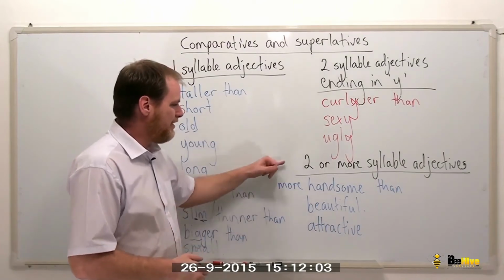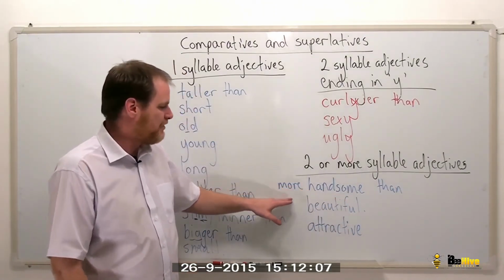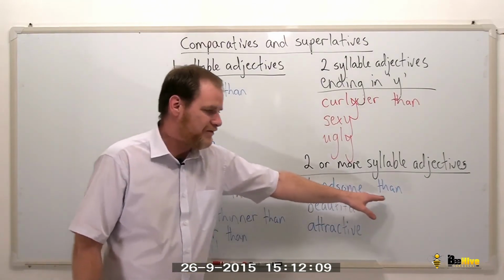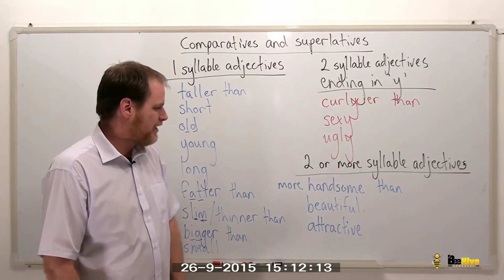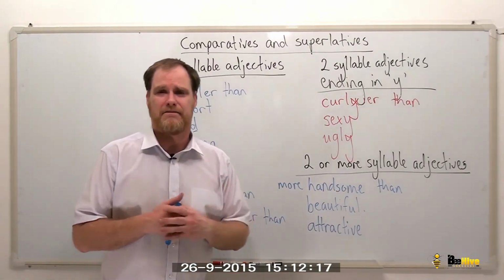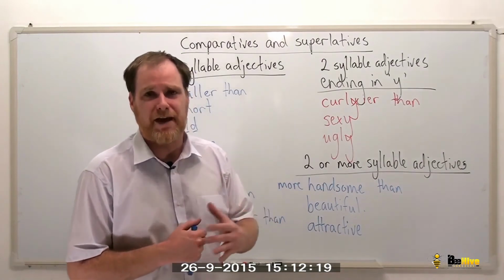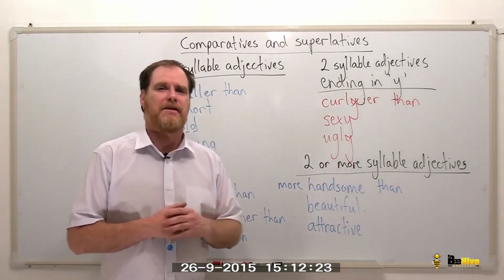Alright, and here when we have two or more, we need to follow this system here. So more plus the adjective plus than. For example, I can say I am more handsome than my father. I am more handsome than my father.